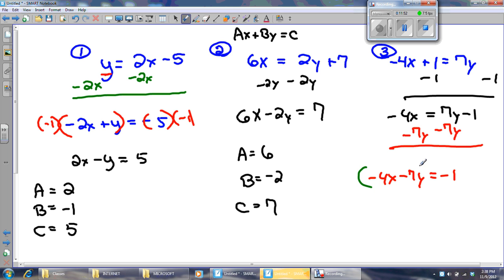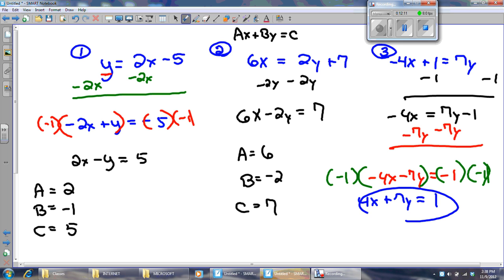And then I'm going to multiply through by a negative 1. Well, I'm going to get 4x plus 7y, and that's going to equal 1. There you go. A is 4, B is 7, C is 1.